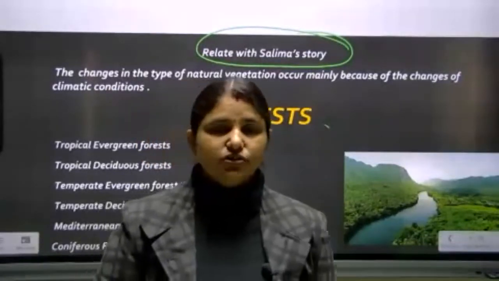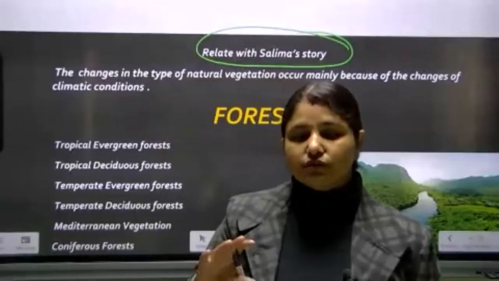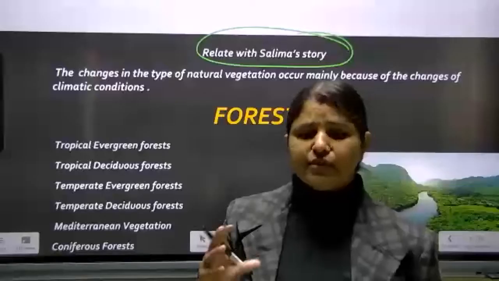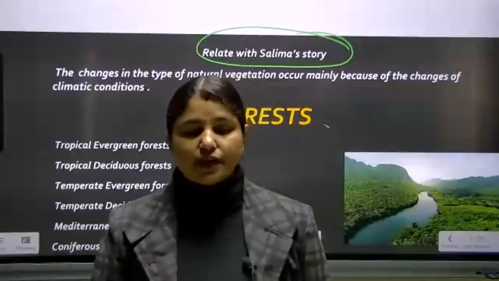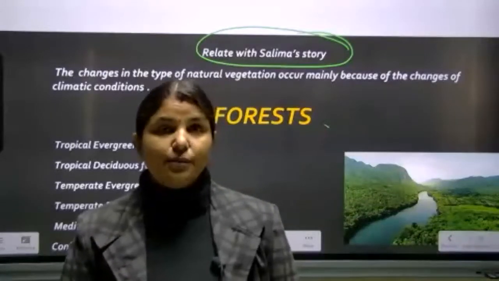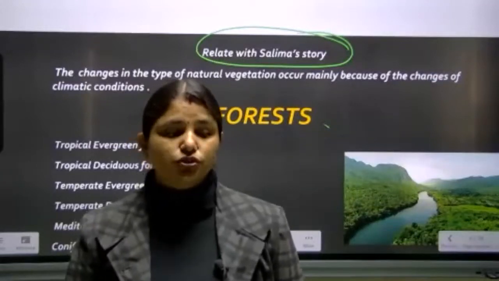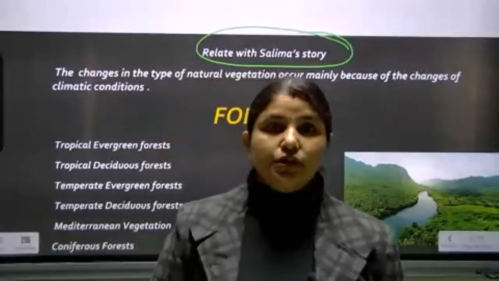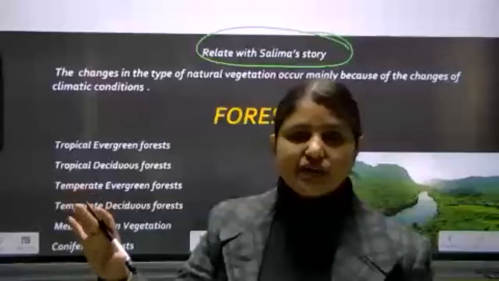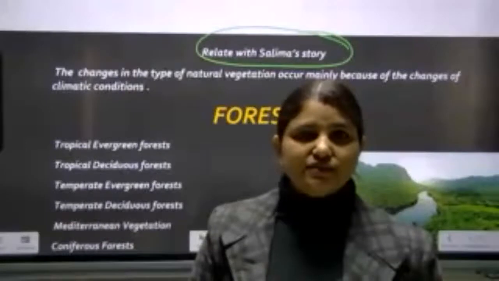Understood? Because of the thickness of the soil, climate, rainfall and all, whatever vegetation we find in a particular area is completely different from one place to another. Now the introduction part is completed, and Salima's father explained the things to her.